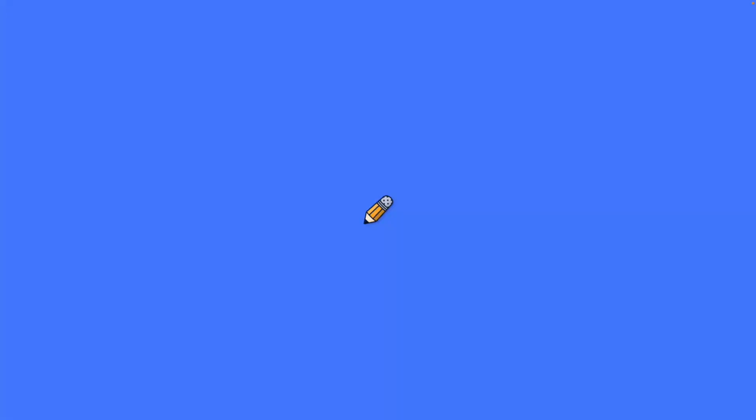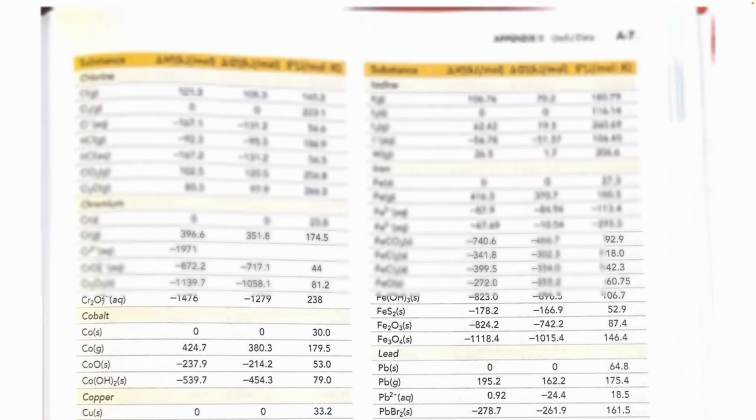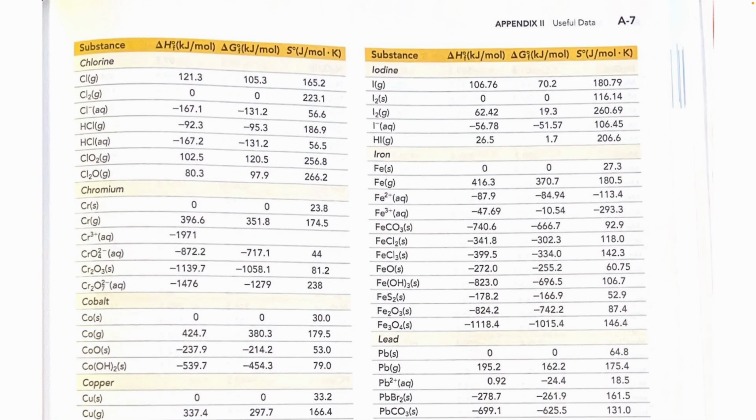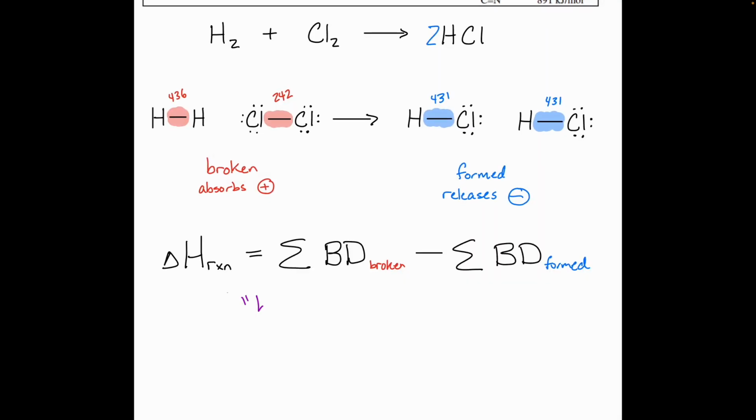Real quick, when we were using this chart, what do we say to ourselves? What minus what? Products minus reactants, right? That's how we made sure to keep our things straight here. We took our product side minus our reactant side. Here, we're going to have something different that we chant to ourselves: broken minus formed.